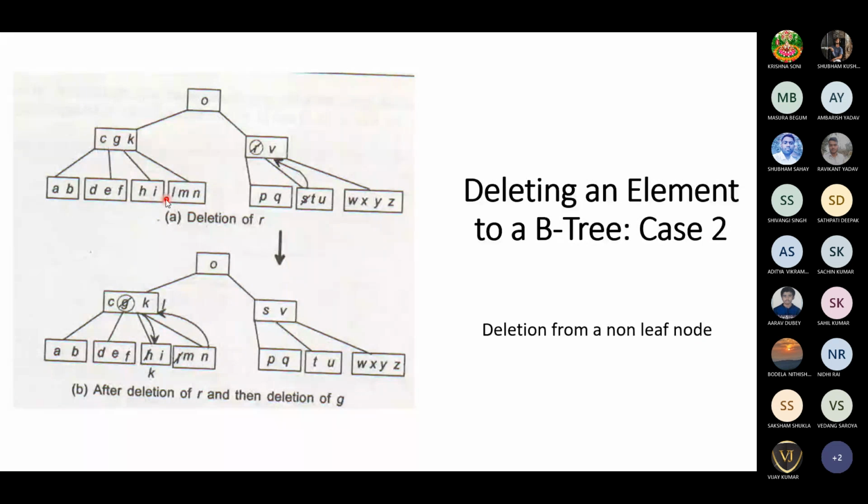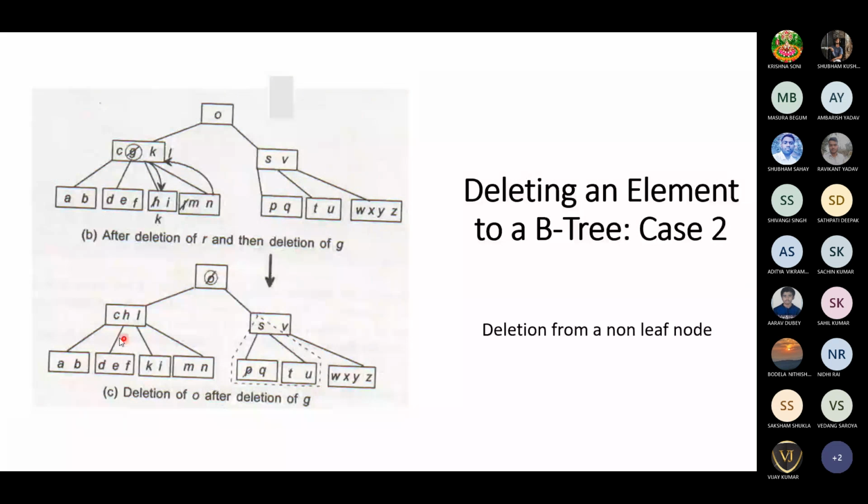So L will be pushed up to the parent node, and K will be pushed down to the child node. So L will become root node, K will become its child node. So the tree will look like CH, CHL, KIMN. This is the second case.